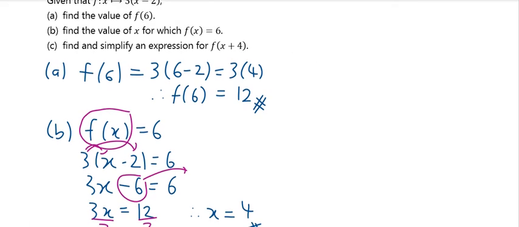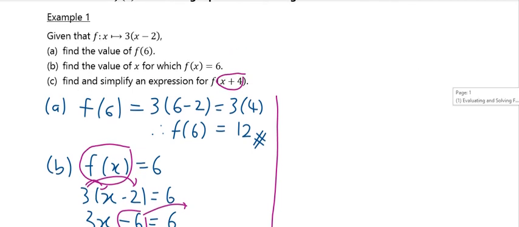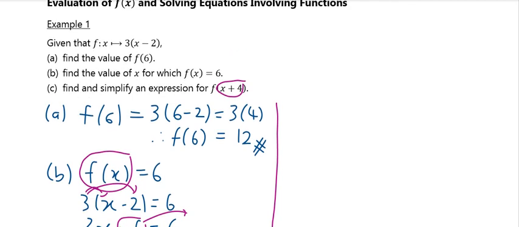Next one: find and simplify an expression for f(x plus 4). Here you notice that x is replaced by x plus 4. You know that f(x) is 3(x minus 2).